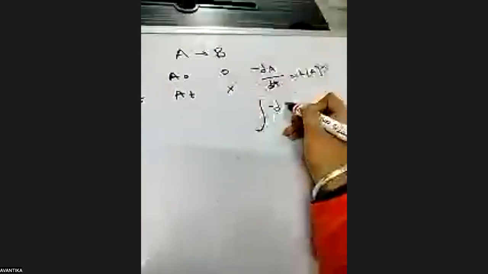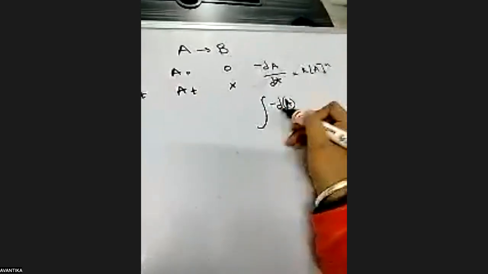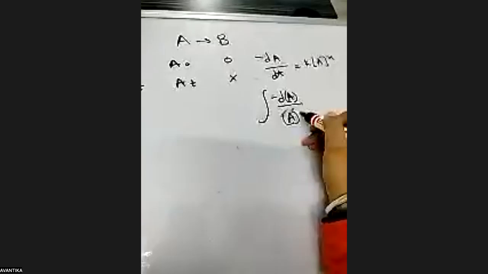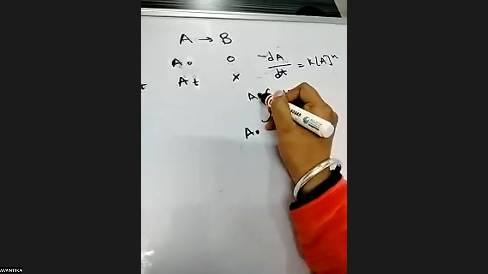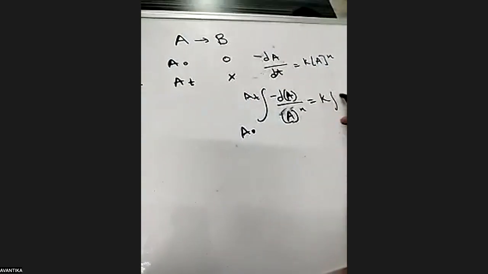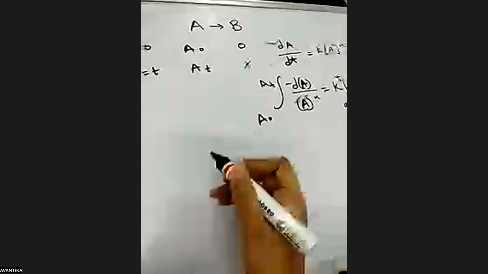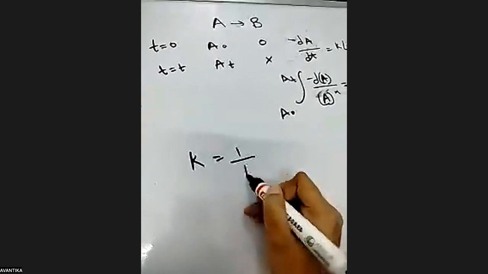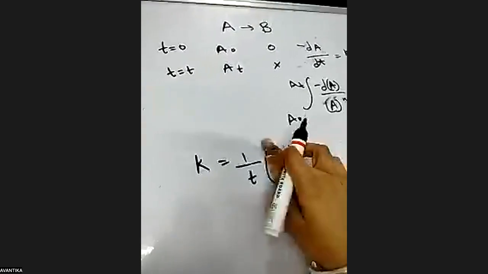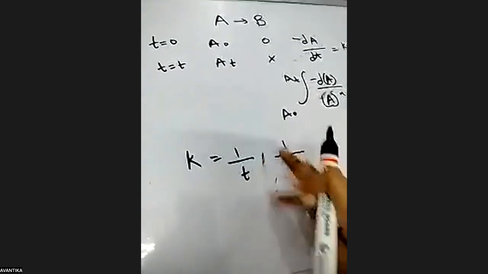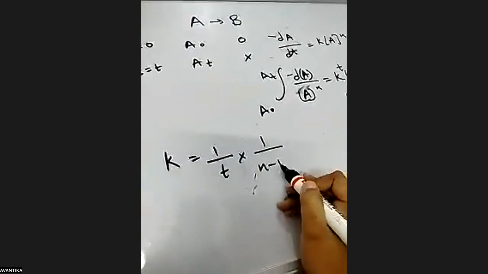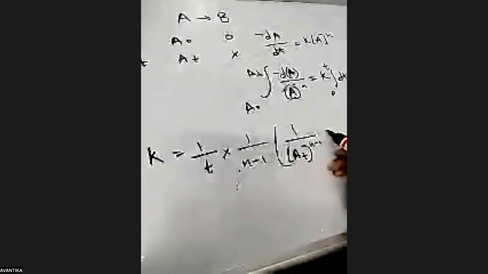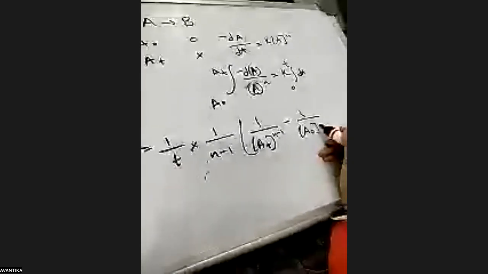So when we integrate this, from here we get the expression k is equal to 1 upon t into 1 upon n minus 1 into 1 upon At to the power n minus 1 minus 1 upon A naught to the power n minus 1.